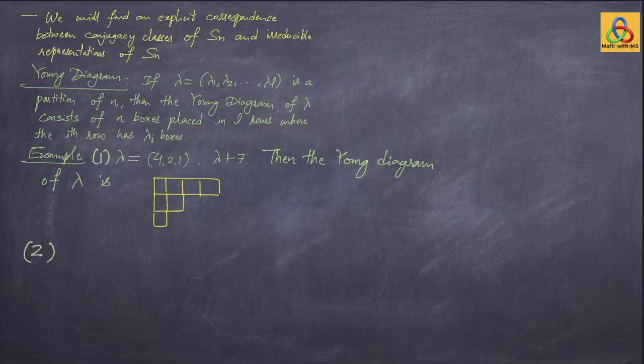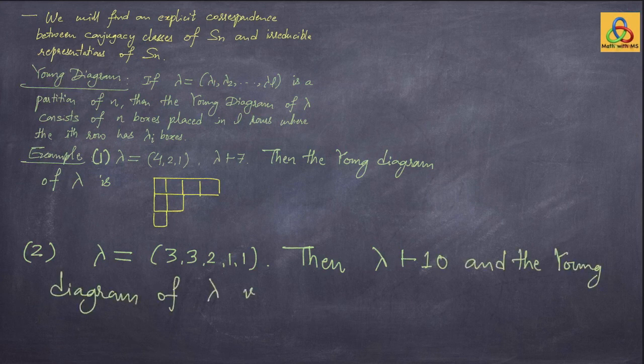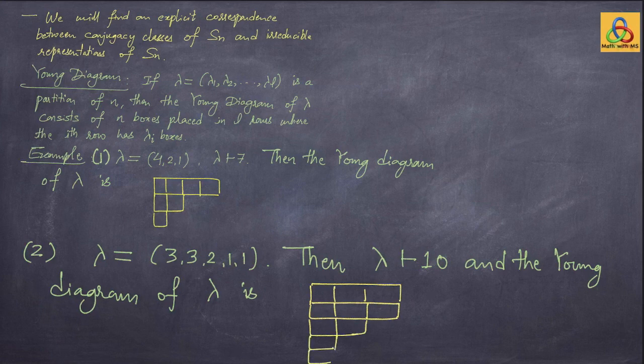Take one more example. Let us say lambda equals 3, 3, 2, 1, 1. Then lambda is a partition of 10, and the Young diagram of lambda is as follows. The first row needs to have 3 boxes, the second row will again have 3 boxes, the third row will have 2 boxes, the fourth row will have 1 box, and the last row will also have 1 box.